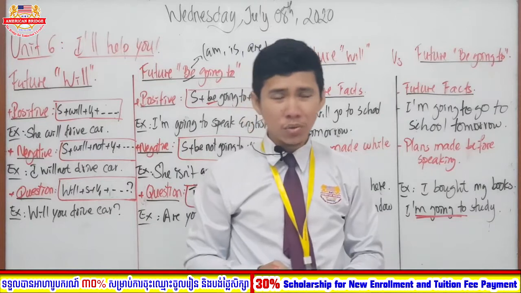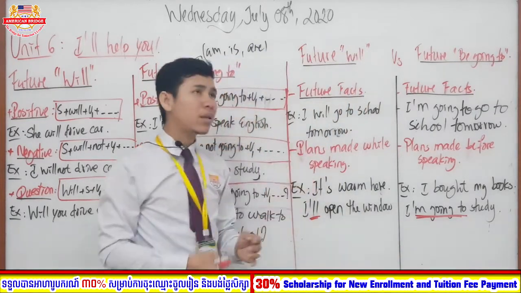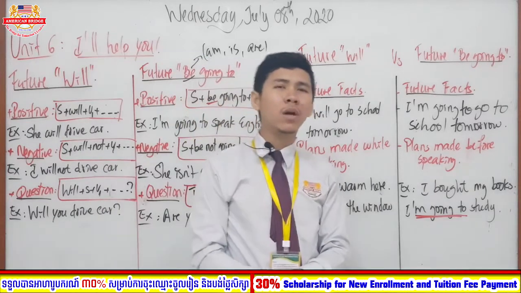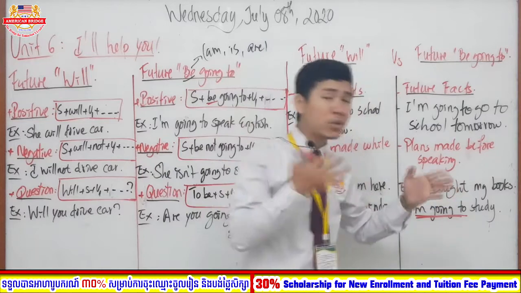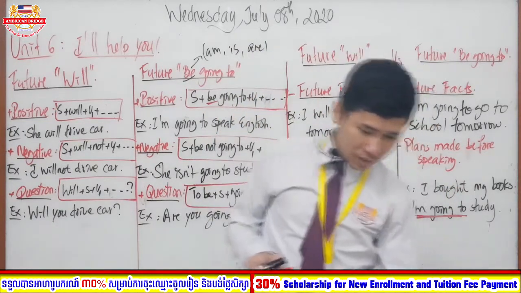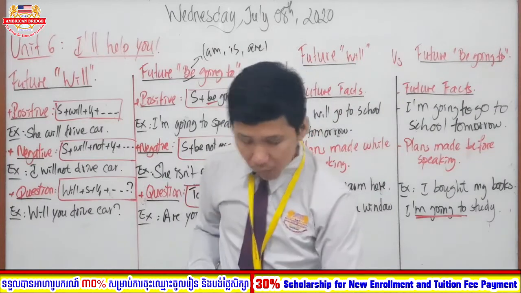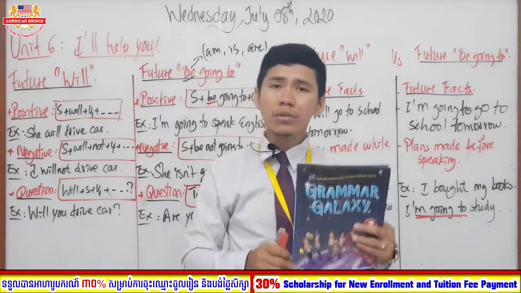So that's why if you talk about a plan made while speaking, it means you just say out anything you want to do in the future. But in here, before you say it out, you have to think in advance what you will do with that. For example, I bought Grammar Class 3, I am going to study.